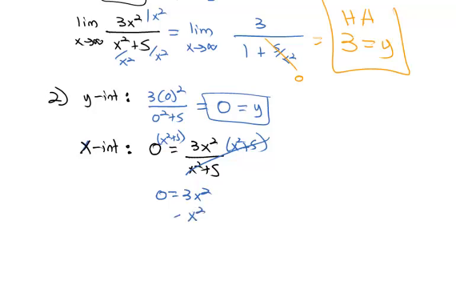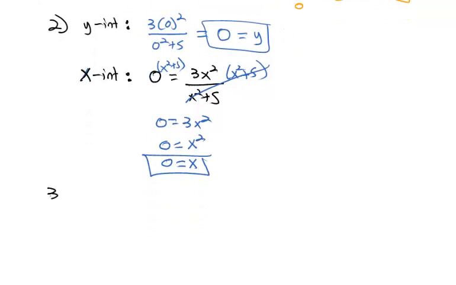Divide by 3, x squared equals 0. Take the square root, and x equals 0 is the x-intercept, which we probably should have seen coming. If the y-intercept is 0, that's also on the x-axis as well. There may have been another one, though, so it was worth checking for other x-intercepts.